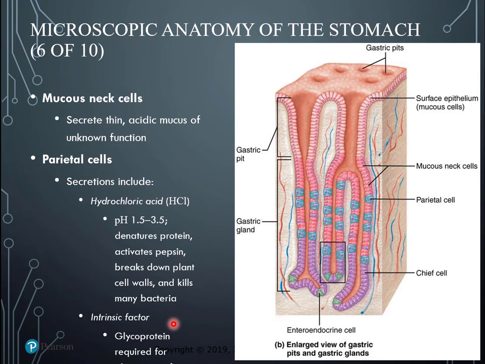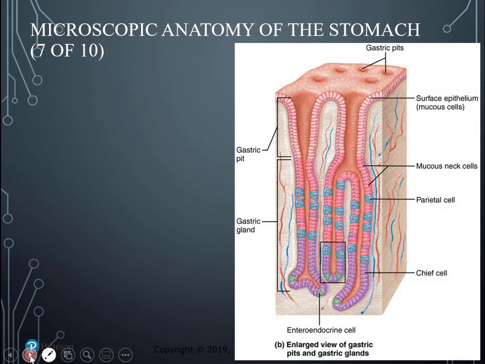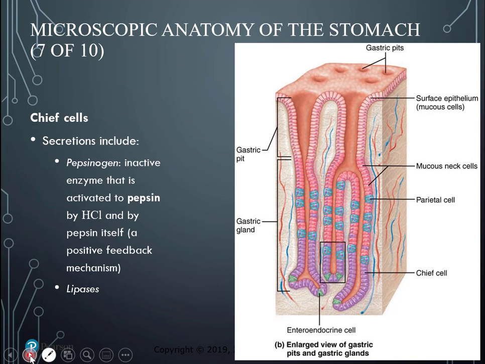Then you have your intrinsic factor, which is actually a glycoprotein that is necessary for the absorption of vitamin D. Okay. So chief cells. The chief cells are one of the major secretory cells, and they secrete pepsinogen. Pepsinogen is the inactive form of pepsin.